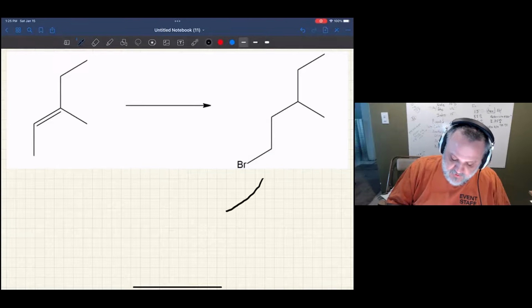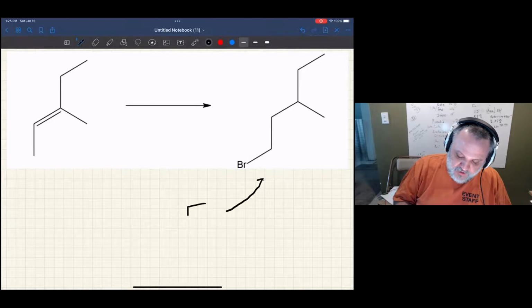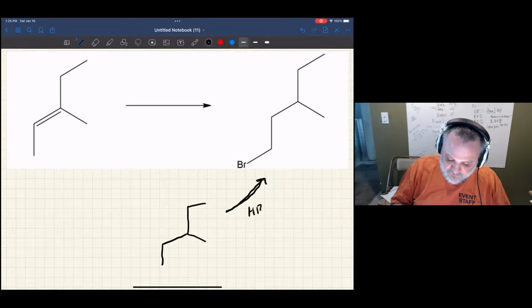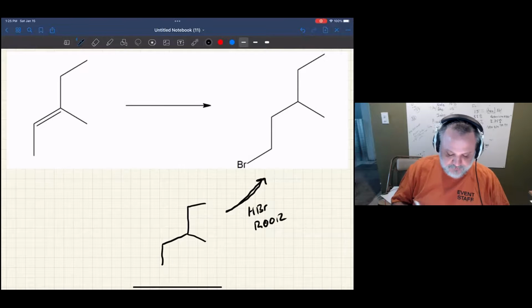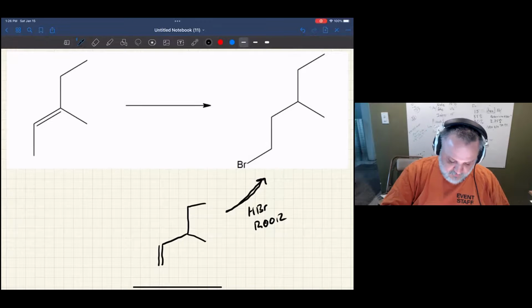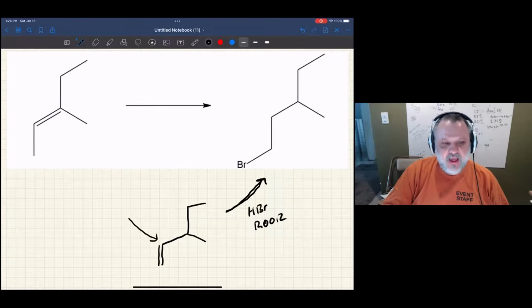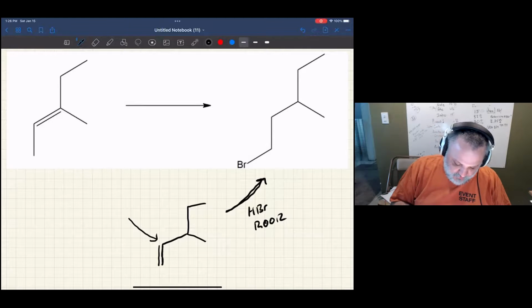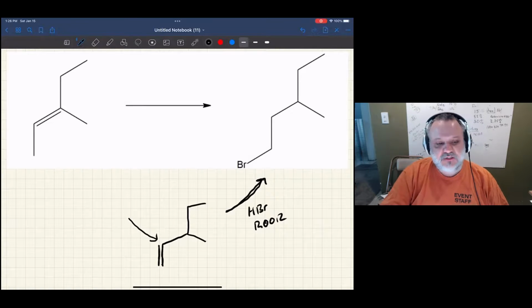So I know that I can add a bromine to a molecule like this in an anti-Markovnikov fashion if I do HBr in the presence of peroxide. Okay, let's continue to go backwards. How can I make a molecule like this? This is an alkene, and I don't know very many ways to make alkenes except for elimination reactions.